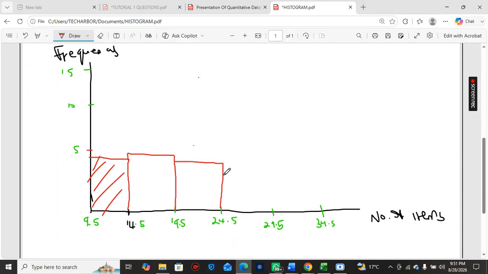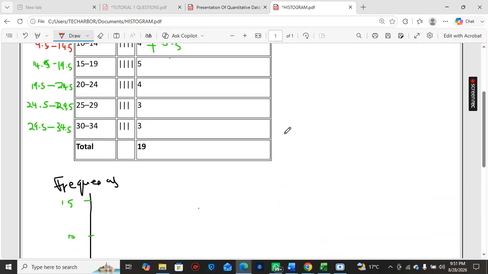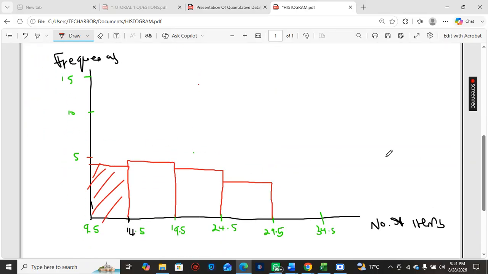So 3 will be somewhere like this. And then from 29.5 to 34.5, you have 3 again. Yes, so this is our histogram, colleagues. Any questions?